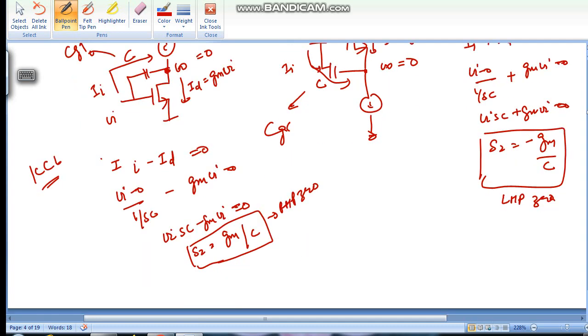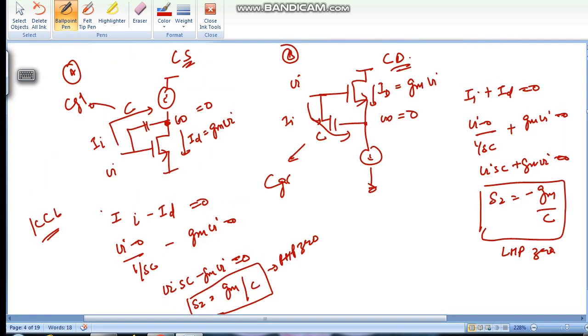So you can assume that whenever the current direction is the same, a left hand zero will be there, and when the current directions are different, a right hand zero will be there. So this is common source, and in this we will get a right hand plane zero, and in the common drain configuration we will get a left hand plane zero.